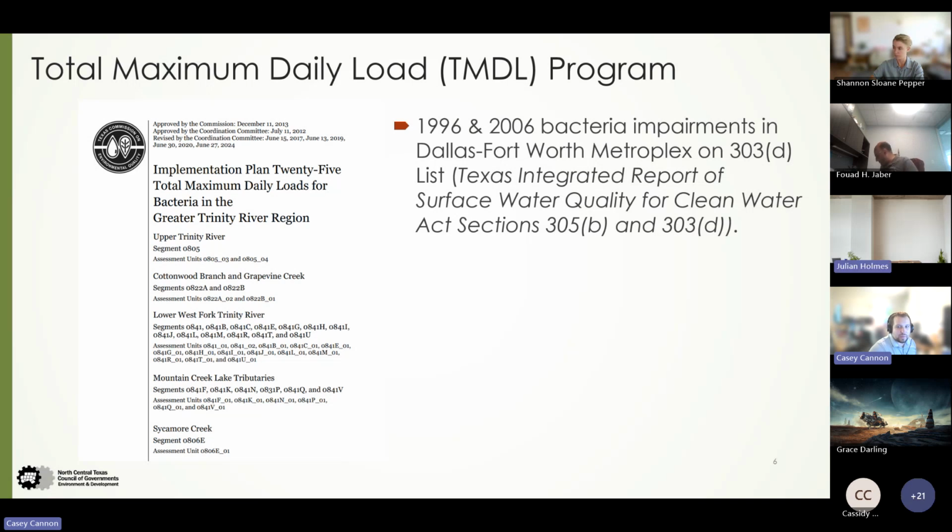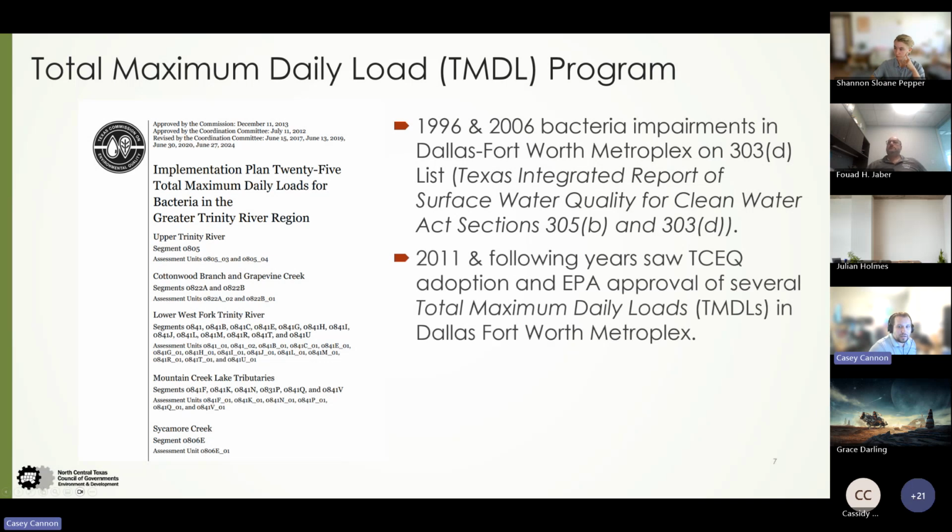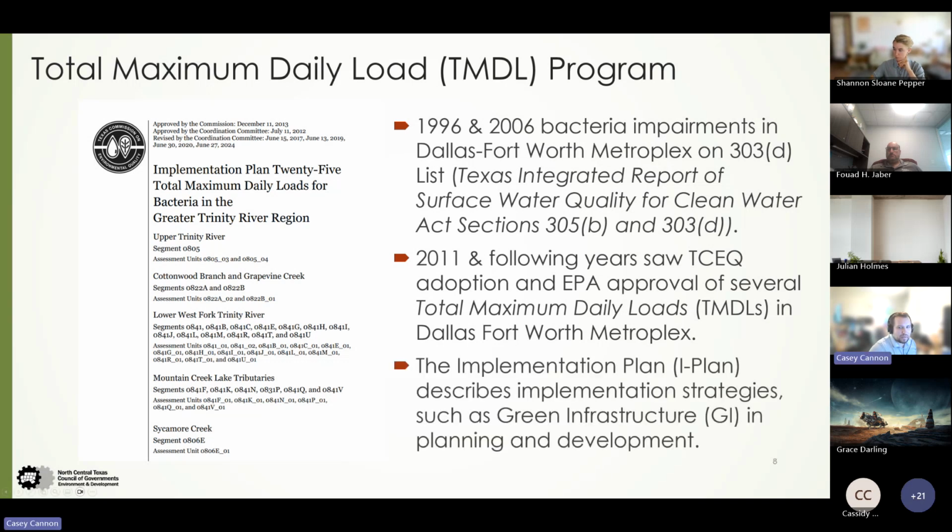In 2006, we also saw additional impairments on this 303D list. And then in 2011 and the following years, TCEQ adopted and EPA approved several TMDLs in our region here in DFW. Following that, our implementation plan was developed, and it describes various implementation strategies such as green infrastructure, among many others, but green infrastructure in the planning and development process.